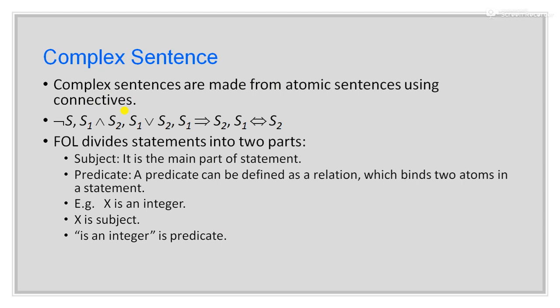For example, for two sentences S1 and S2, we can have not S1, S1 or S2, if S1 then S2, and here it is bidirectional. So if you use this representation scheme in this way, the sentence has been converted from atomic to a complex sentence.